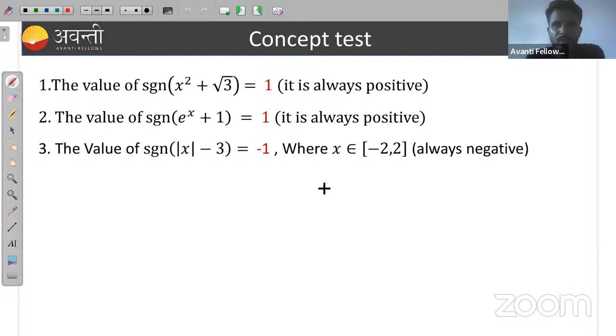Okay. So far we have covered a lot of basics now. We saw the functions, then representations, then vertical line test, then domain and range of different functions, and now also we saw all the standard functions. There are only two functions left, that is greatest integer function and fractional part function. Once that is done, then you can jump into algebra of functions and then the various types of functions. Okay, got it?